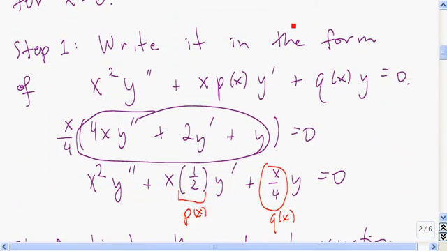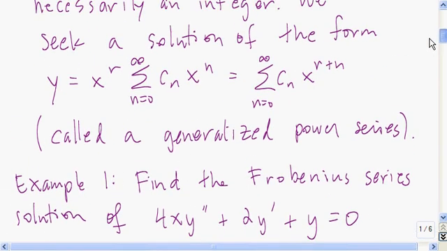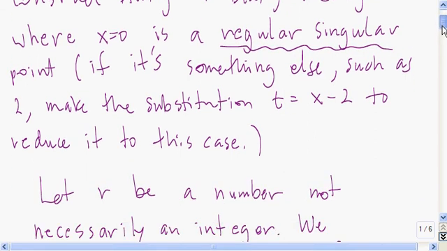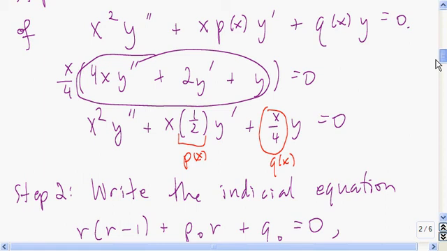Okay, so what we do is we first write our equation in the form of x squared y double prime plus x p of x y prime plus q of x y equals 0, where we confirm that x equals 0 is indeed a regular singular point. Okay, and if it's not, then as I mentioned here, make the substitution and that will turn it into a differential equation where t equals 0 is a regular singular point.